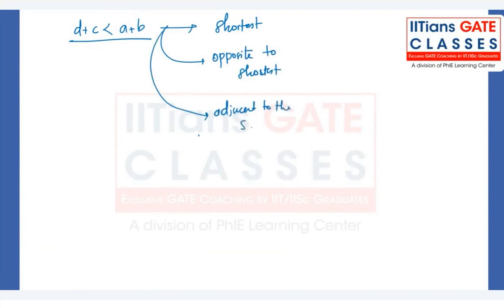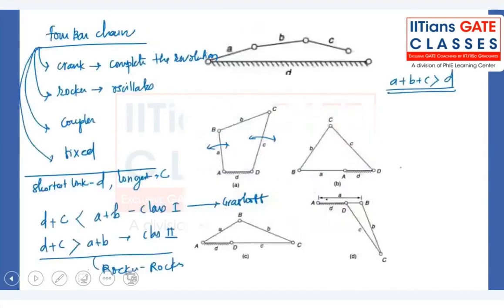So if a link adjacent to the shortest link is fixed, then what will happen? Look at this figure, try to imagine. In this figure, link D is the shortest link. Rather than fixing D, I am fixing link A, for example. A is adjacent to D. So here it is clear that D will have a complete revolution and C will act as a rocker here. Okay, so this is the situation.